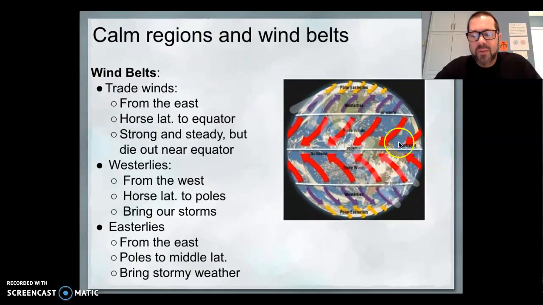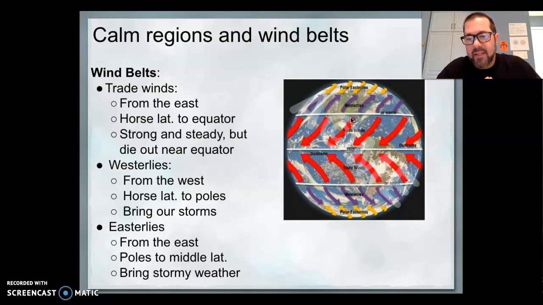You can see in between our calm areas here all of these different colored arrows, and those are our global wind belts. All right, you see that they're curved. All right, that's the Coriolis effect. So the trade winds are these red arrows here, and they blow from the east to the west, from the horse latitudes down to the equator.